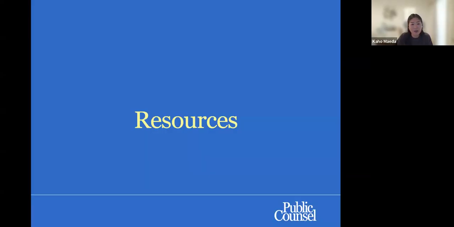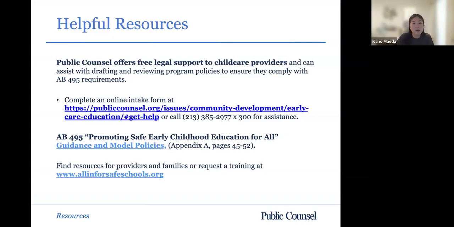And lastly, we are going to provide some resources. I know Cassidy and Ritu have also been putting them in the chat as well, if we want to flip to the next slide. So just emphasizing again that Public Counsel, we offer free legal support to childcare providers, and we can assist you with drafting and reviewing your program policies to ensure that they comply with AB 495 requirements.